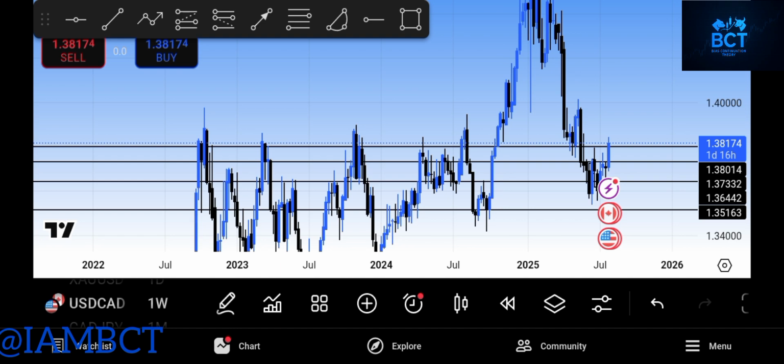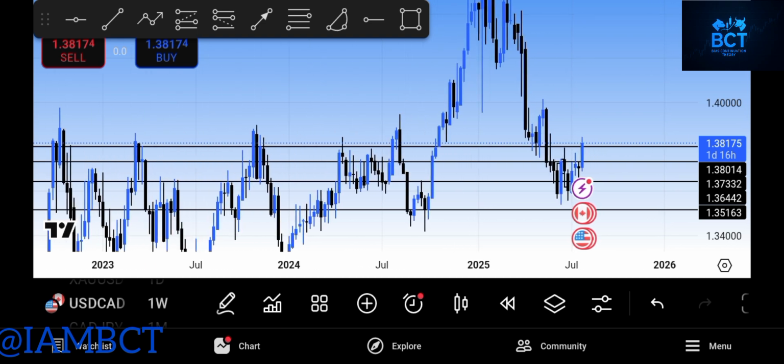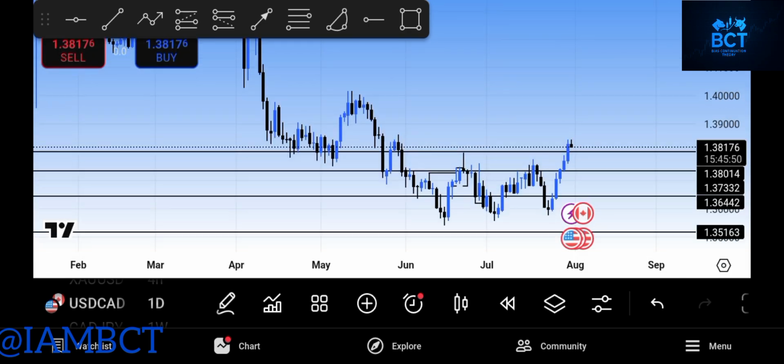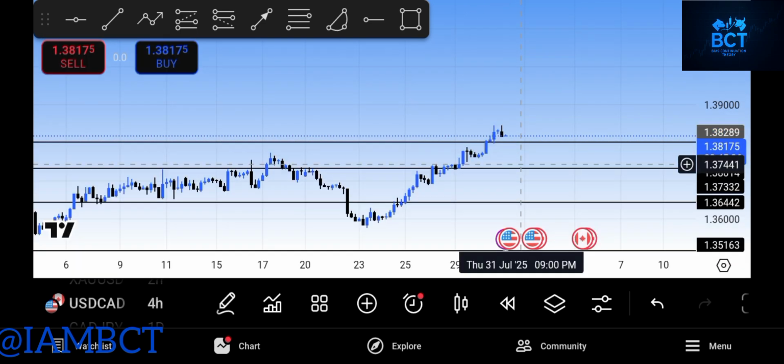I expect something from here. So what is happening here in daily? Daily is the kind of breaker block right here. This is the other block, this is a supply order block, and as you can see, it has been broken to the upside. So what is in for?